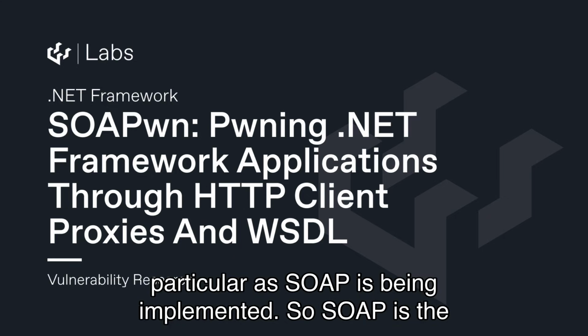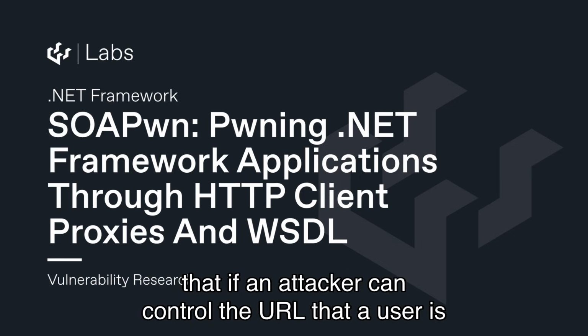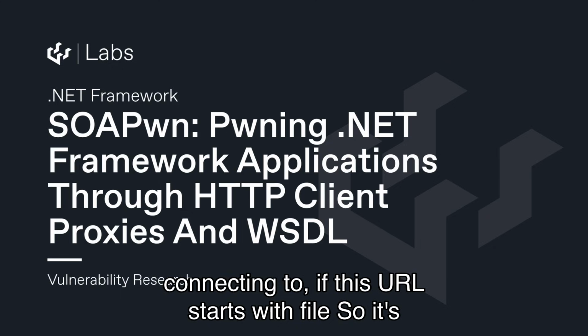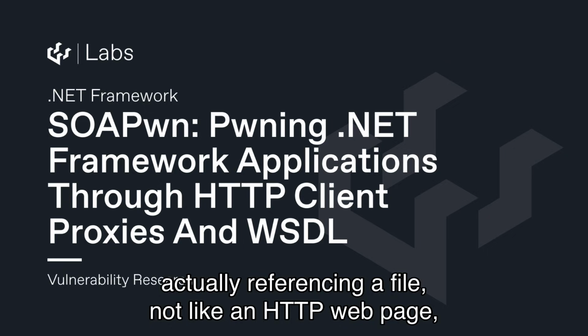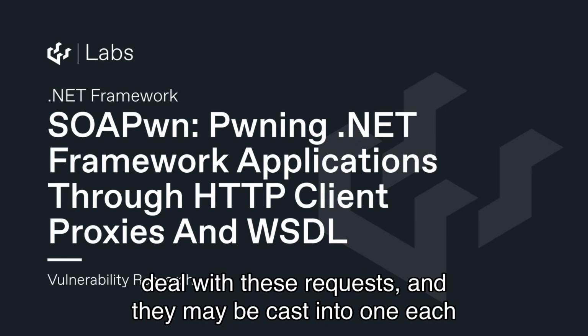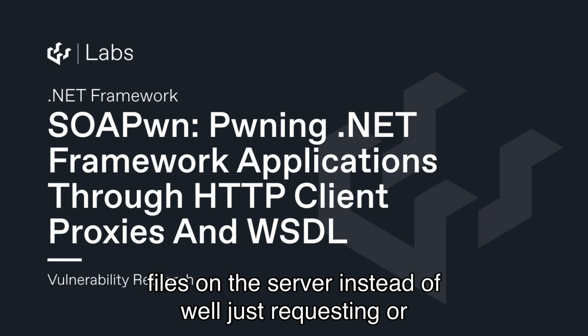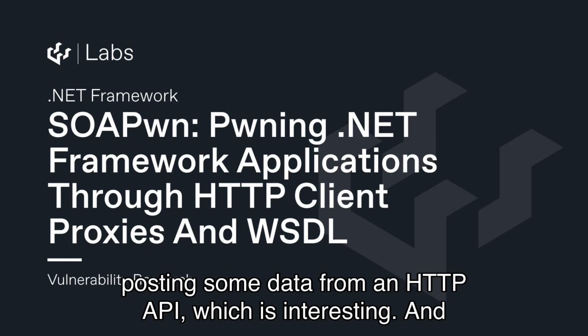SOAP is the enterprise API language. One of the problems here is that if an attacker can control the URL that a user is connecting to, and this URL starts with file:, so it's actually referencing a file, not an HTTP web page, well, .NET has different classes that it uses to deal with these requests, and they may be cast into one another, which then results in the user actually writing files on the server instead of just requesting or posting some data from an HTTP API, which is interesting.